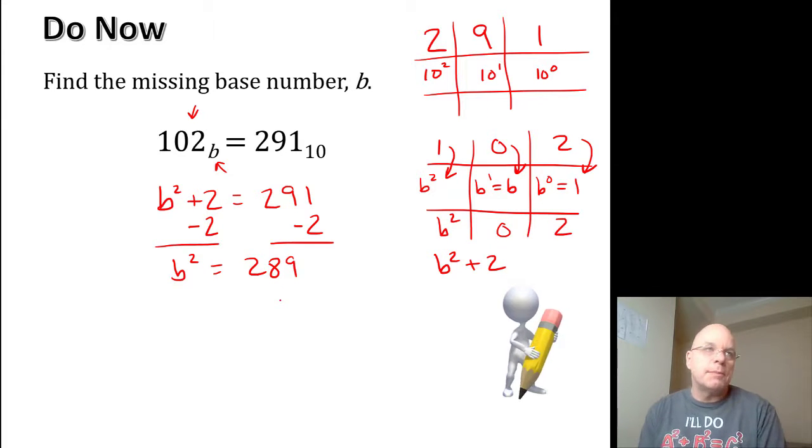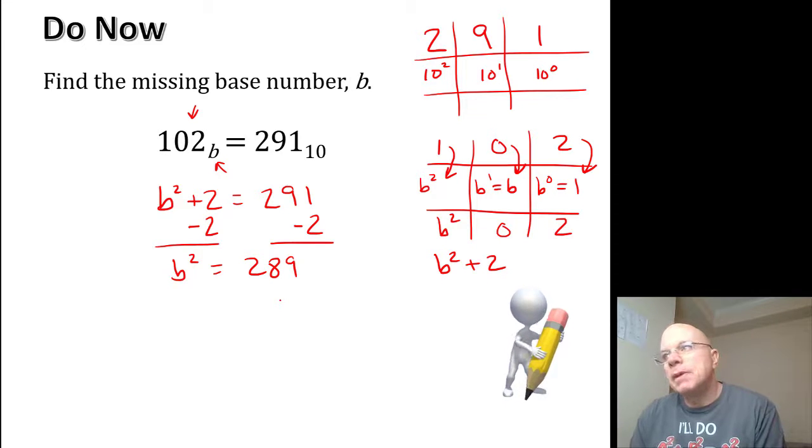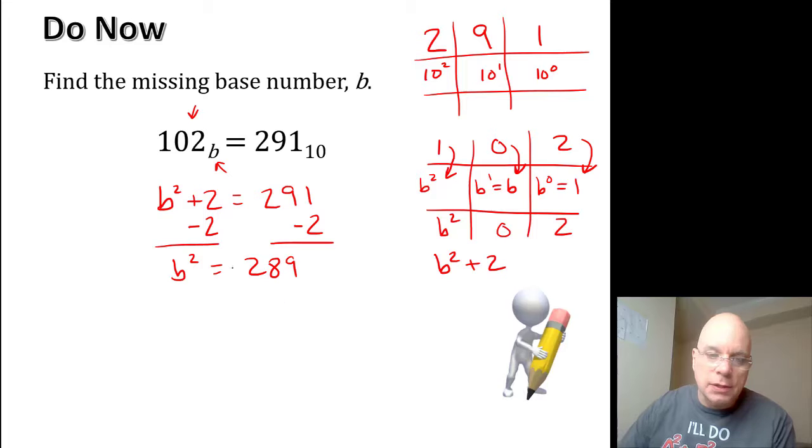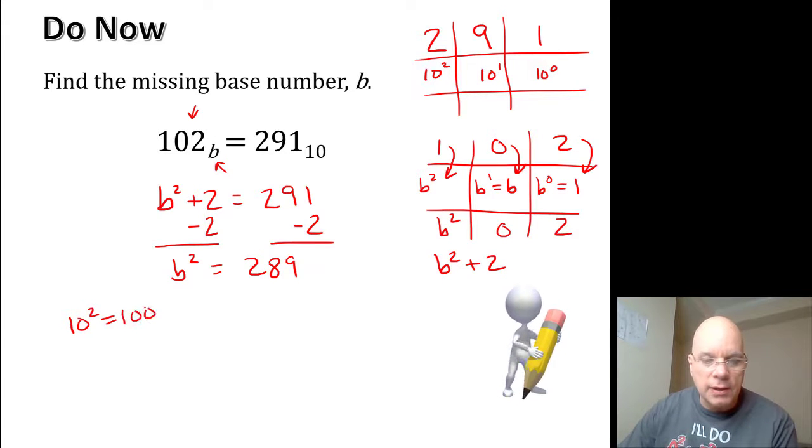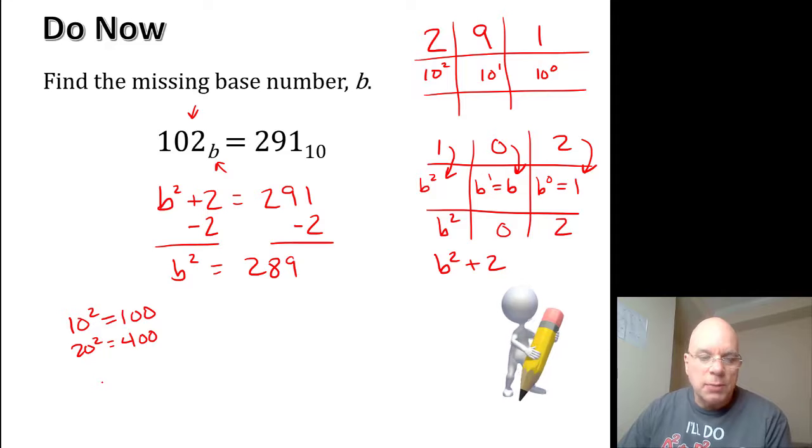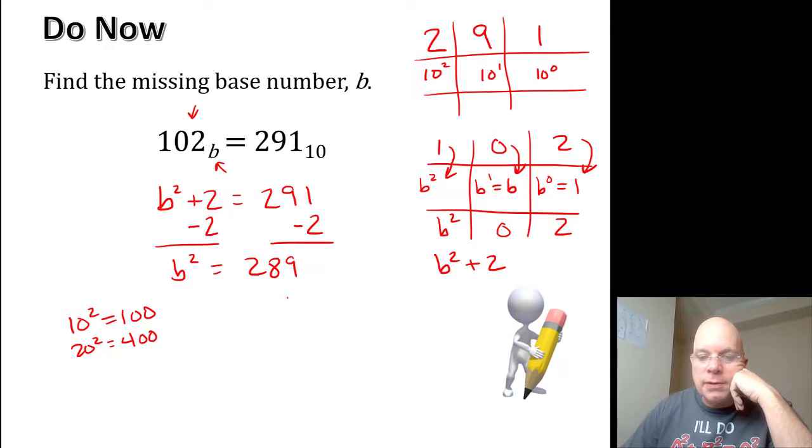And this might not be a perfect square that you have memorized, but even if you don't have it memorized, you can think about some easy perfect squares to check, like 10 squared is 100. So B has to be a number more than 10. 20 squared is 400. So it has to be a number less than 20. It's a number between 10 and 20, non-inclusive. And then there's another trick.